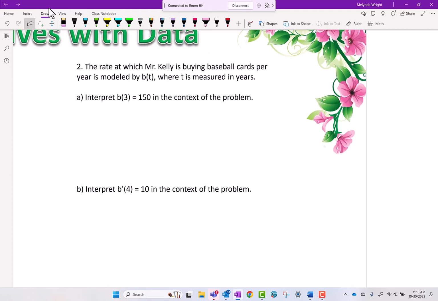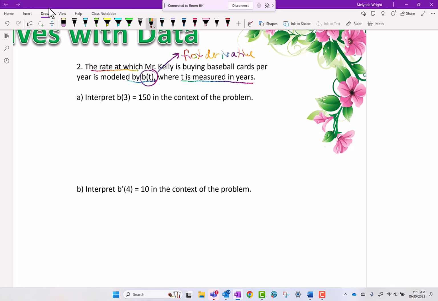So we need to really make ourselves a note so that we don't get it confused. This is a rate. So we're going to say this is like the first derivative. This is not a position value. So our units: T is measured in years, and B stands for baseball cards.